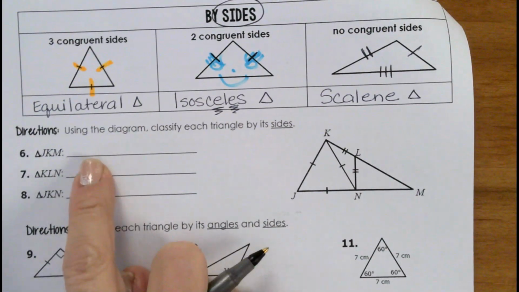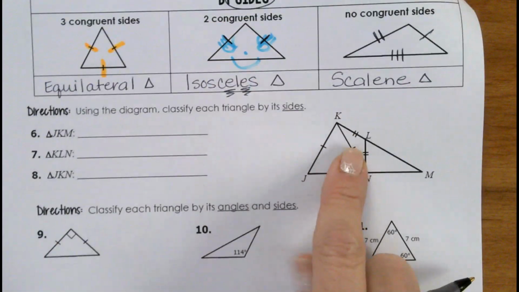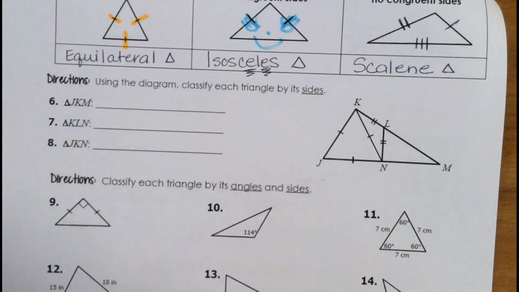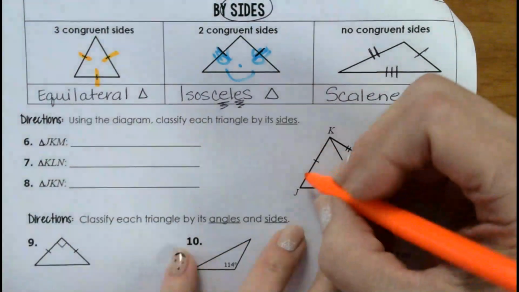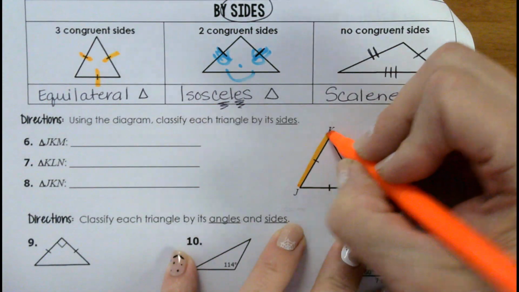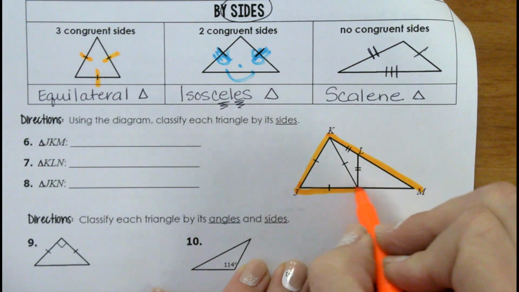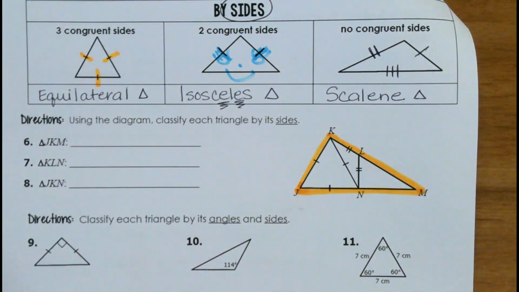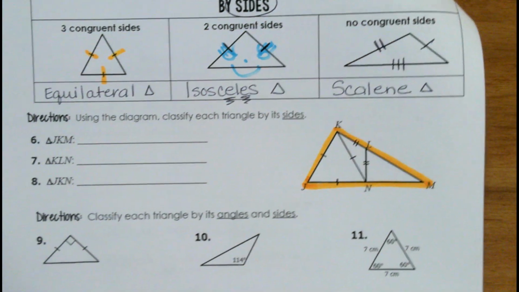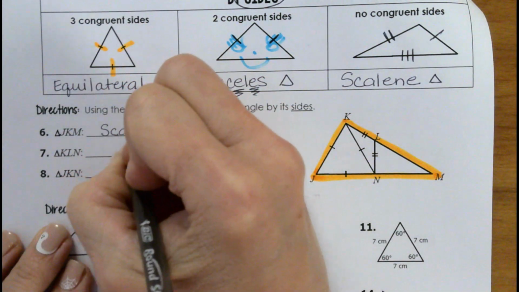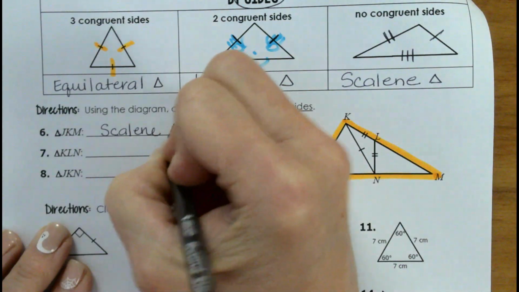Okay, now we're going to do this again, but now we're only classifying by sides. So we have J, K, M, as in math, J, K, and M. Just kidding, math. Okay, what kind of triangle is that? That is scaling. Okay.